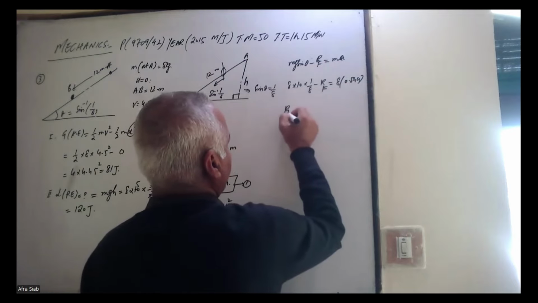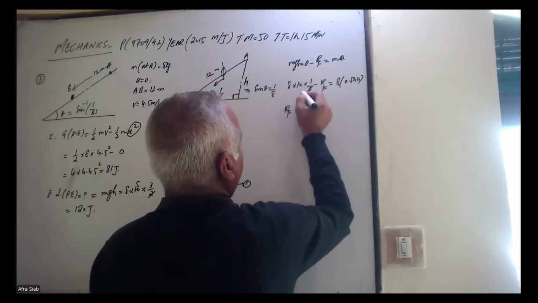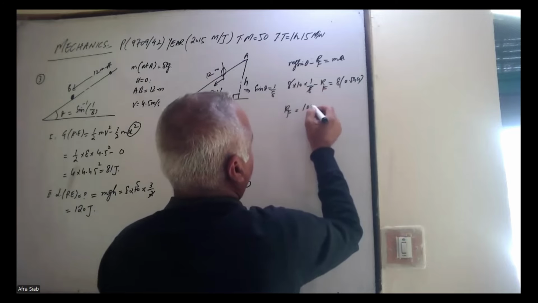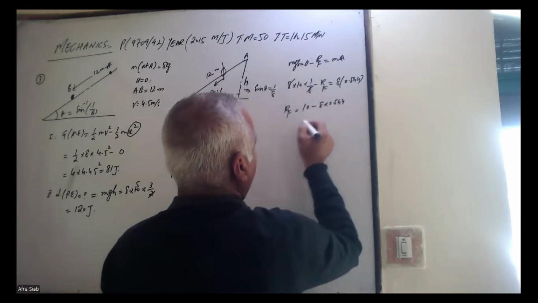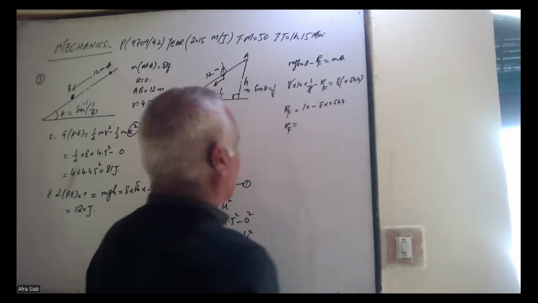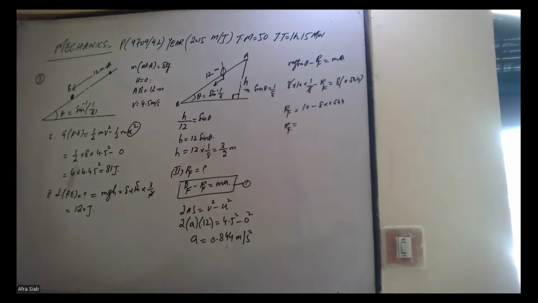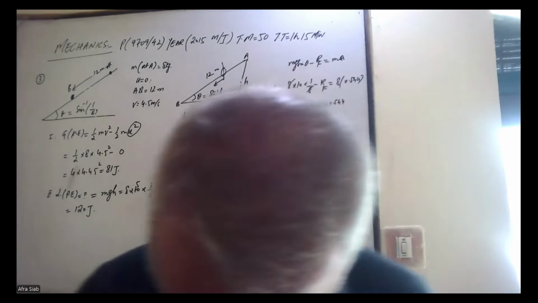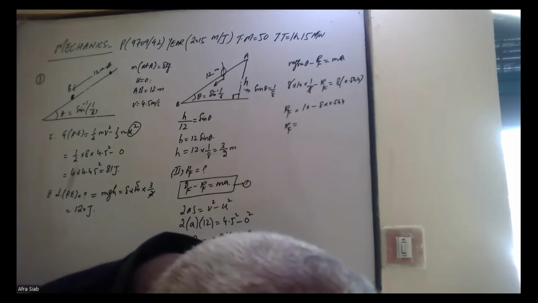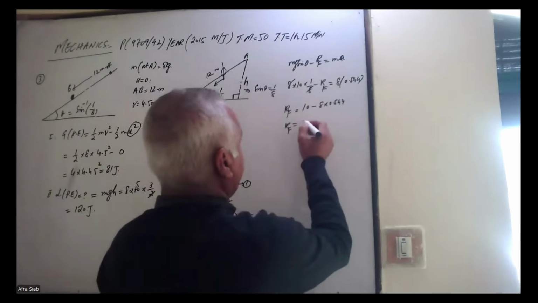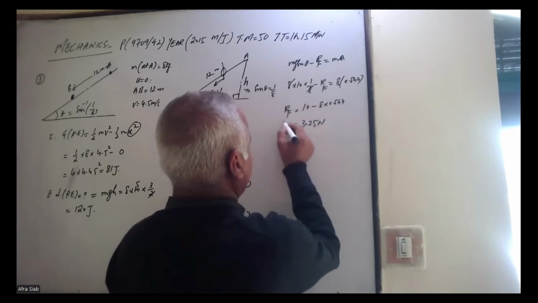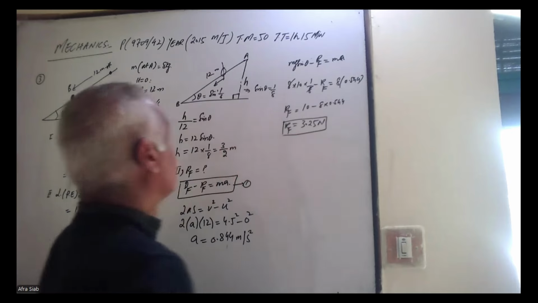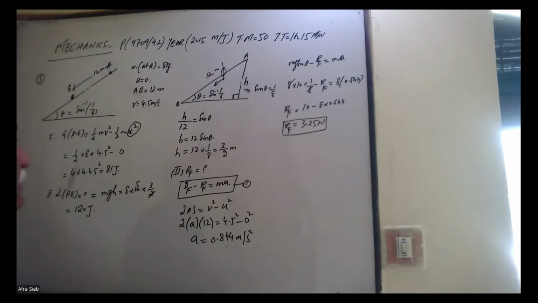So resistive force will be equal to 10 minus 8 into 0.844. So that resistive force is equal to 3.25 Newton is the resistive force to that motion there. So this is question number 3 we have solved.